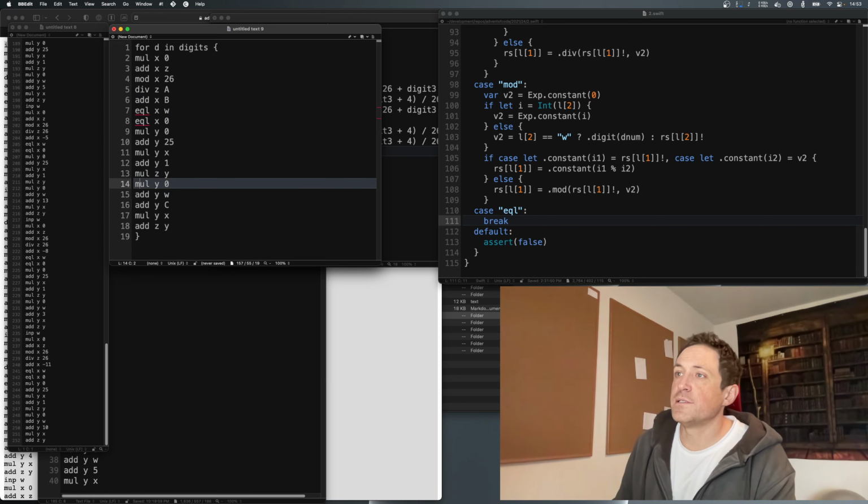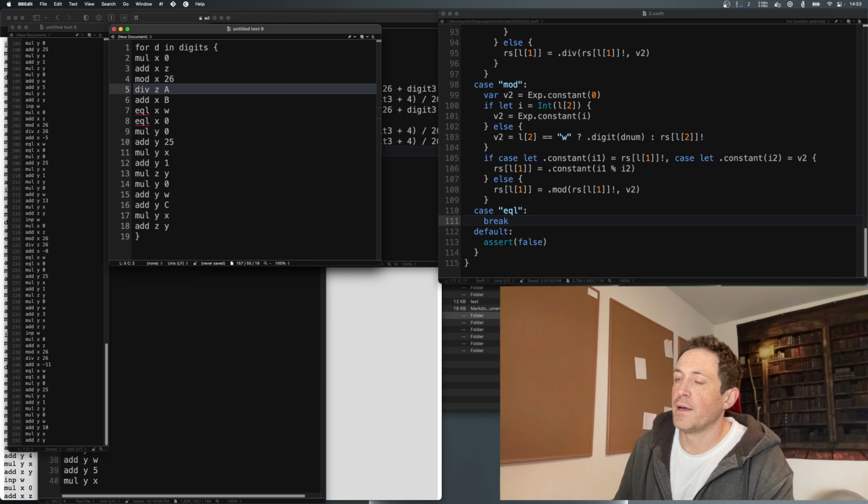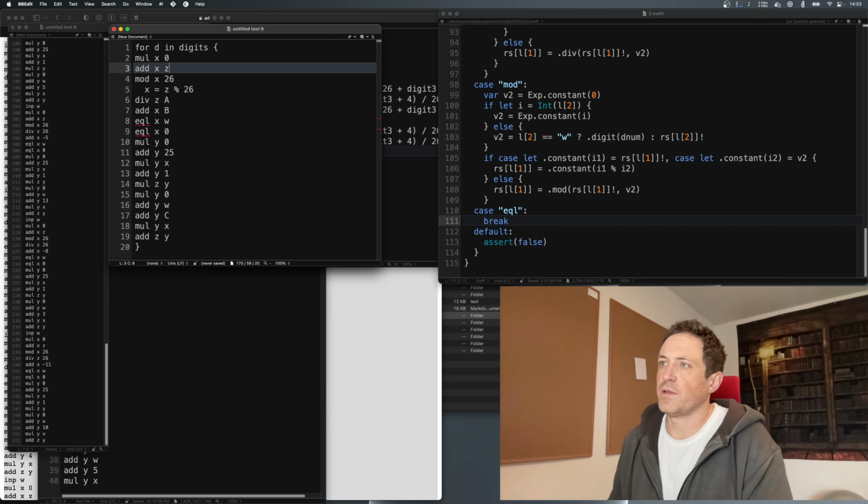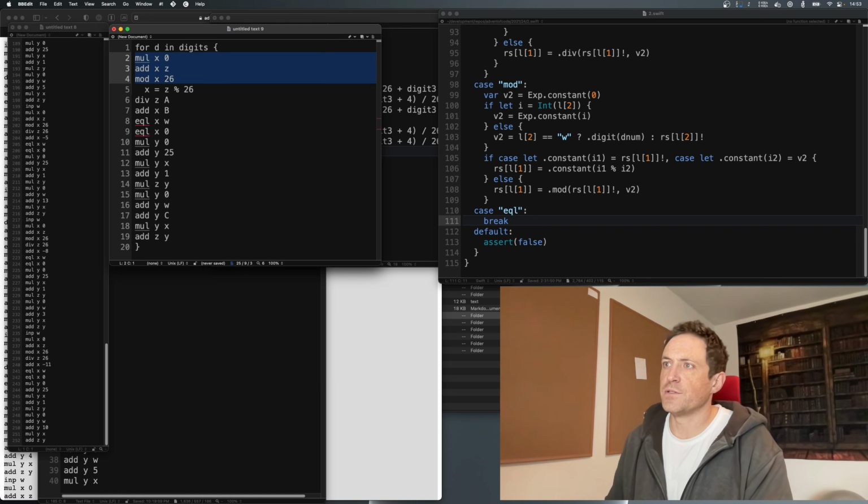So x is 0, x is z, x equals z mod 26. That's what those first three lines do.